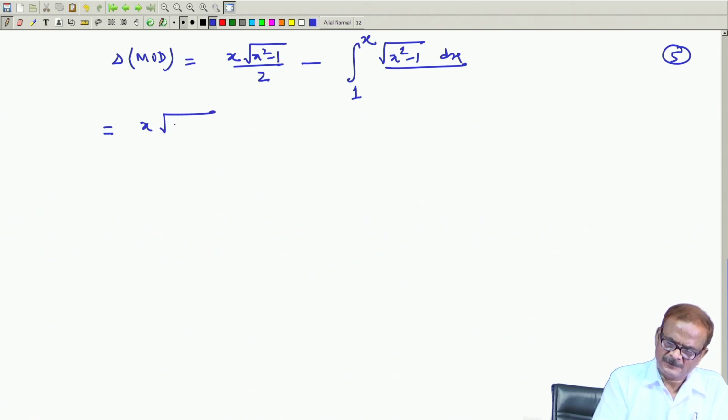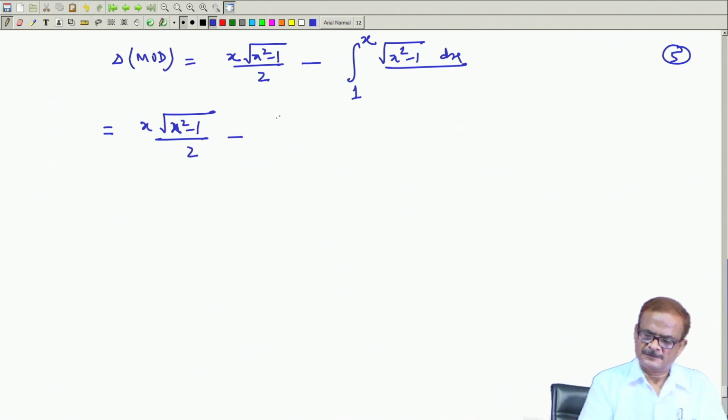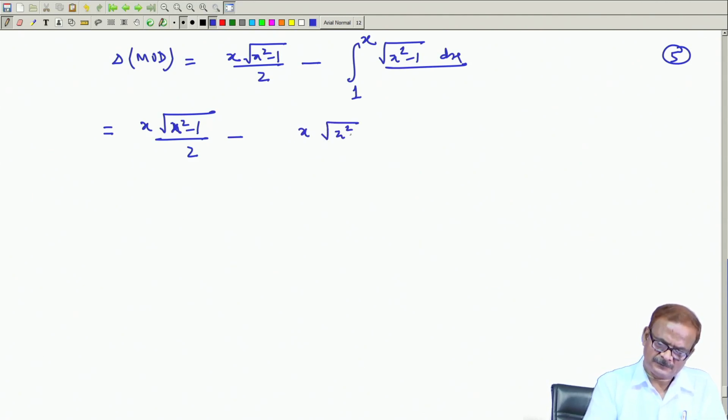So, the integral of square root of x square minus 1 is a standard integration given in many of the books. So, you can use it, and also on Wikipedia you will find some of this material. Okay, so you can refer to that also.